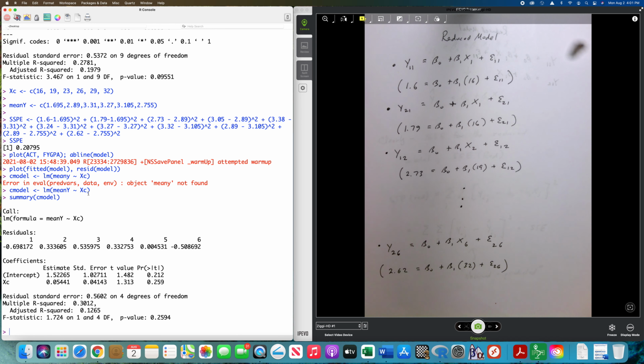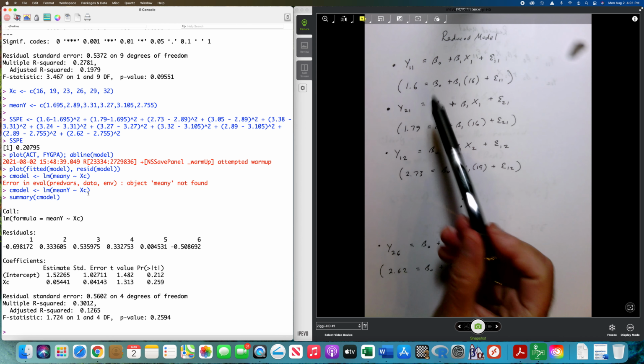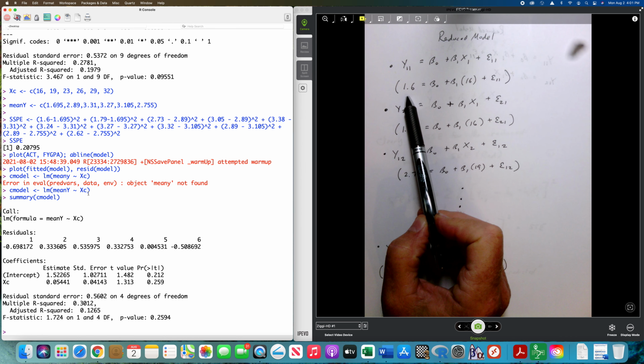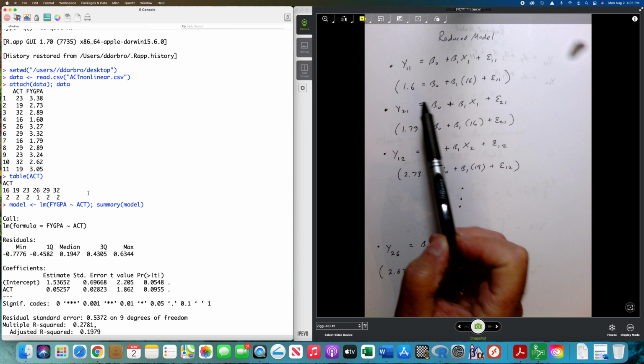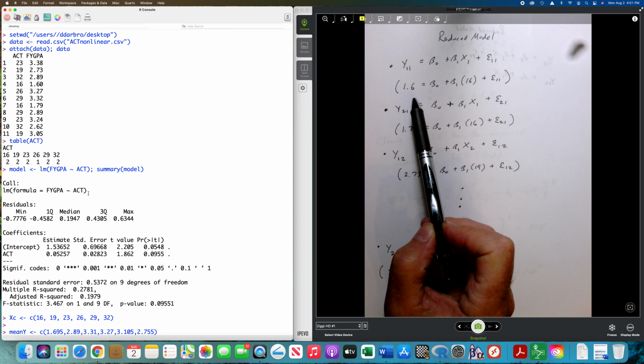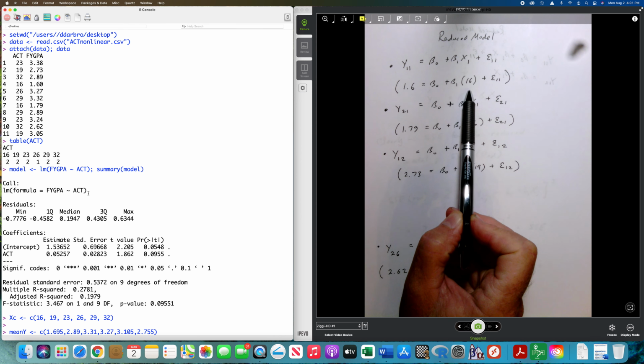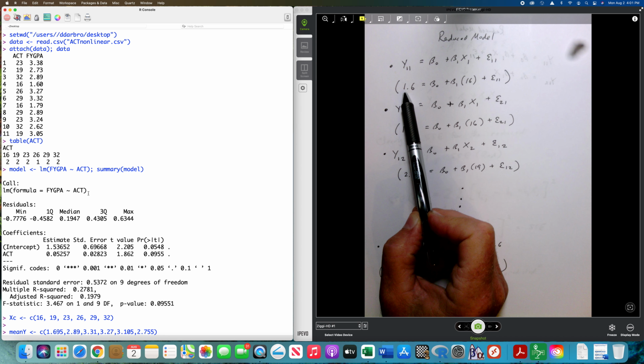So when we look at our reduced model, what we look at is expressing our first y, so y sub 1,1, for our first level of x plus an error term. So in our data set, let me go back up to it, we can see that the first ACT is 16, and the first observed y for 16 is 1.6.